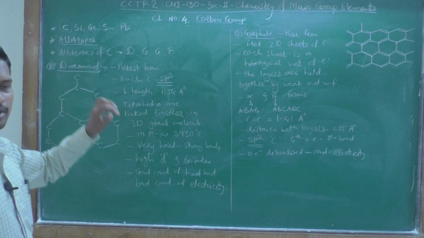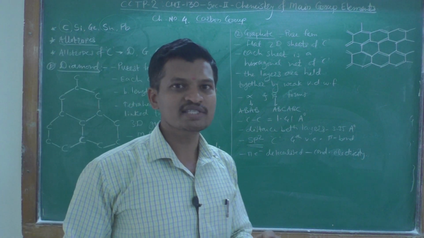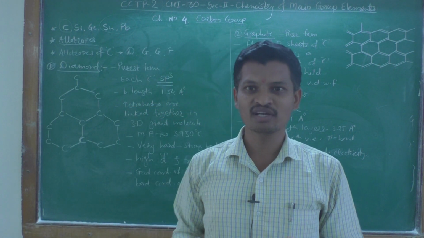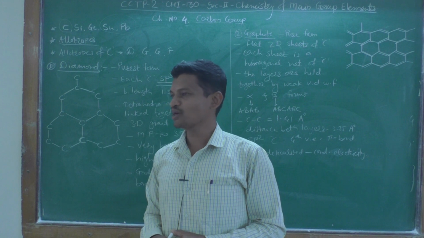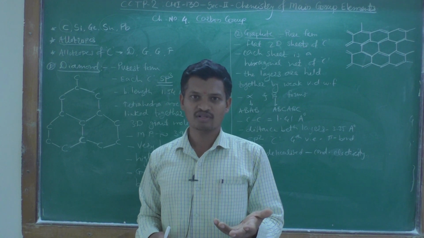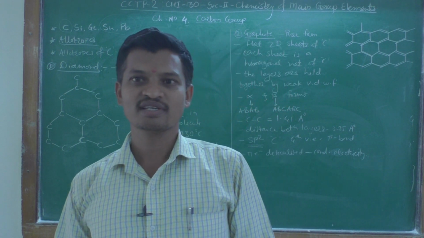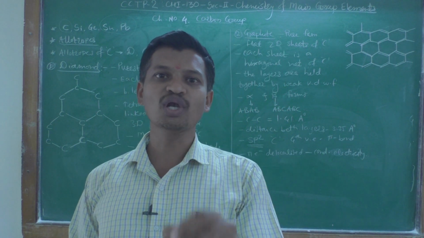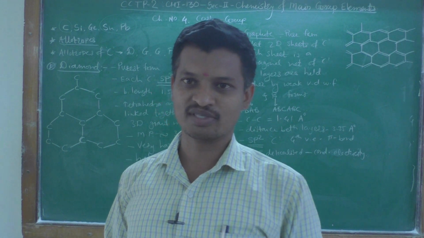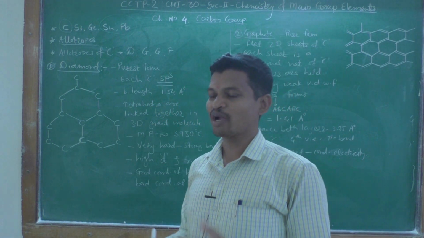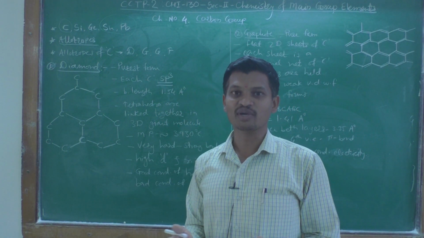The first one is diamond. Everyone is familiar with this word diamond, but very few of us know that this diamond consists of only and only carbon atoms. Someone might get confused how it is.